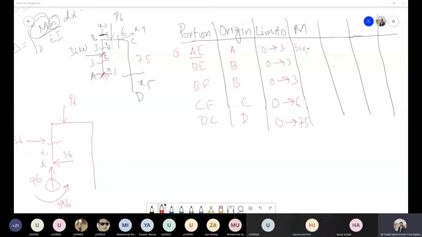Anyone else? 2 or 3? Sir, the third is the moment. So moment is also a kind of force. Okay, sir. 36 minus x1 and minus 396. Minus 396. So there is a moment as well. So this would be our equation for moment for section 1. What will be the equation for section 2? BE.